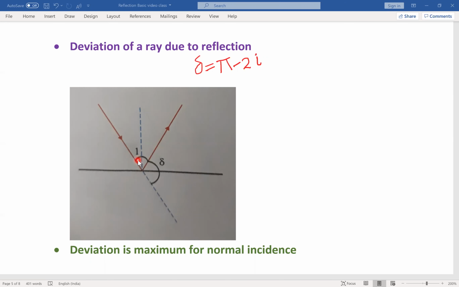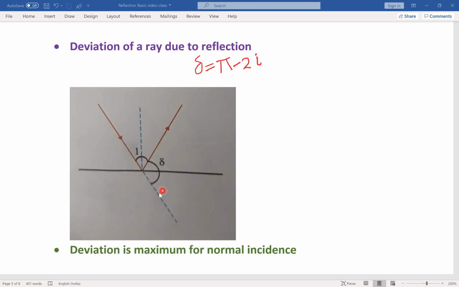This is the angle of incidence, and this is the angle of reflection, which is also equal to the angle of incidence. The light is supposed to go this way, but it reflected this way. This is the amount of deviation, the angle of deviation.